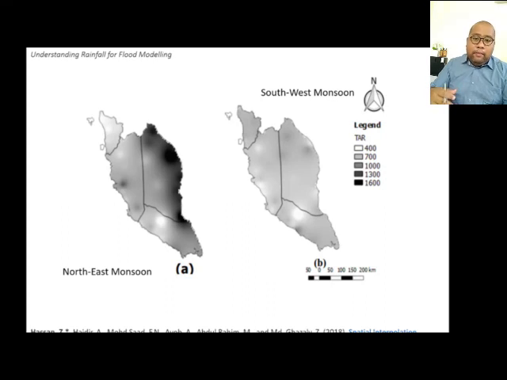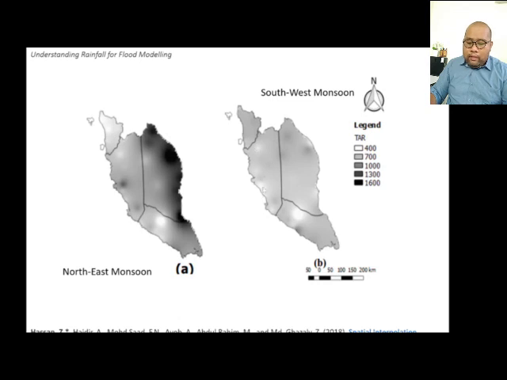So this is some studies that conduct by my student. Betul lah, during the northeast monsoon, the east coastal of the peninsular Malaysia will receive a high intense of the rainfall. But during the southwest monsoon, you tengok banyak spot yang kering. Kalau yang putih ni maksudnya jumlah kekerapan hujan yang rendah.